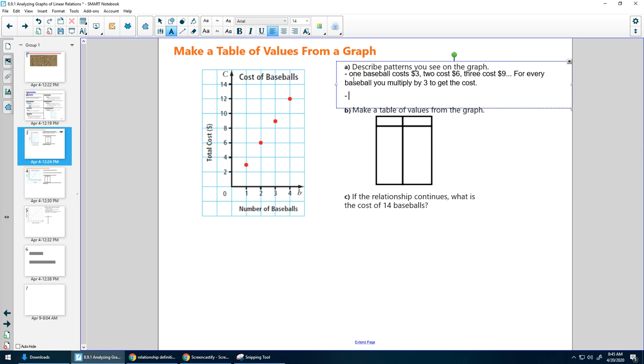Another could be the graph shows that to move from one point to the next, you go 1 unit horizontally and 3 units vertically.